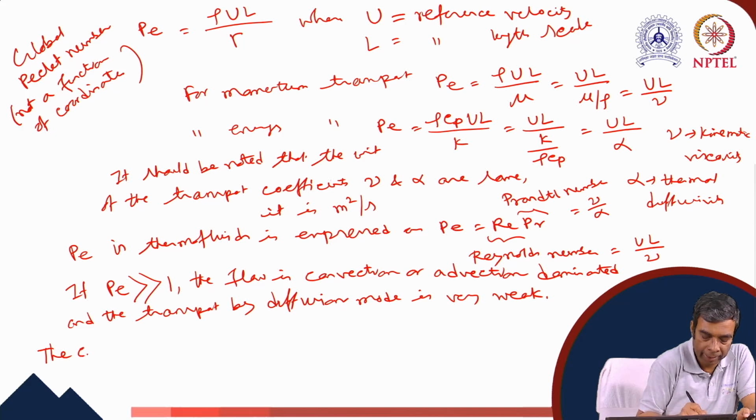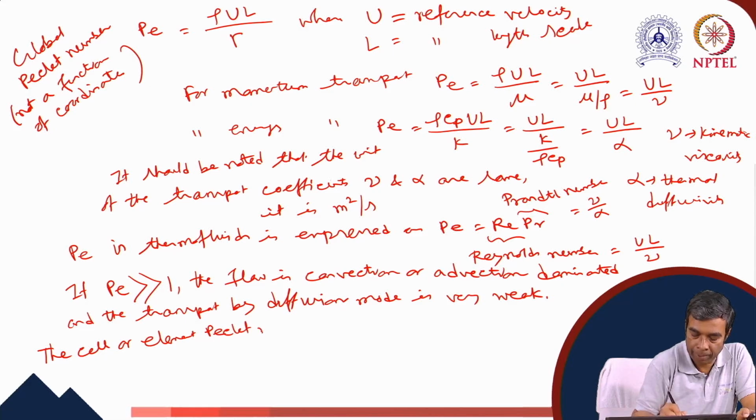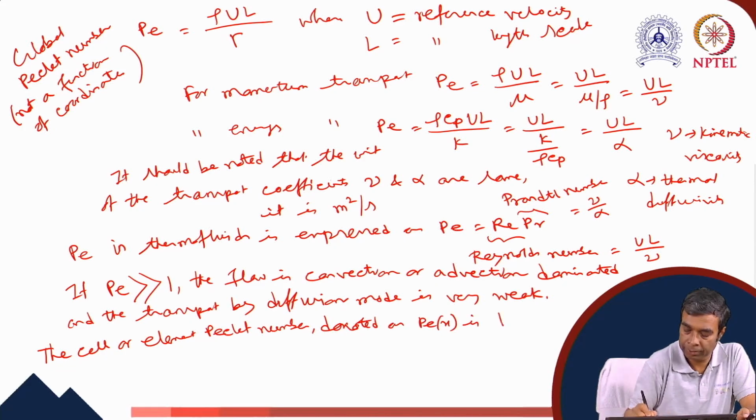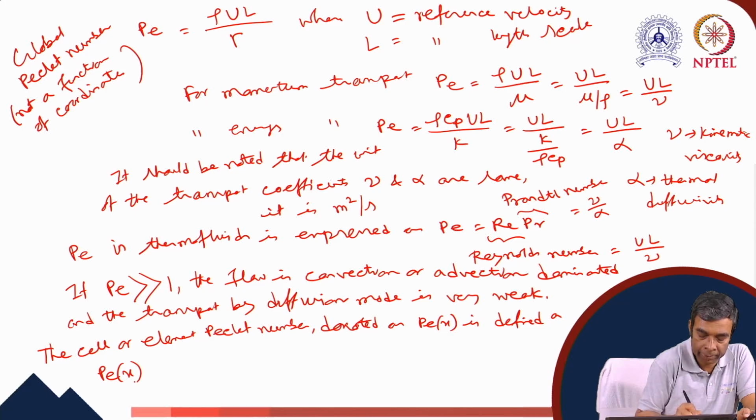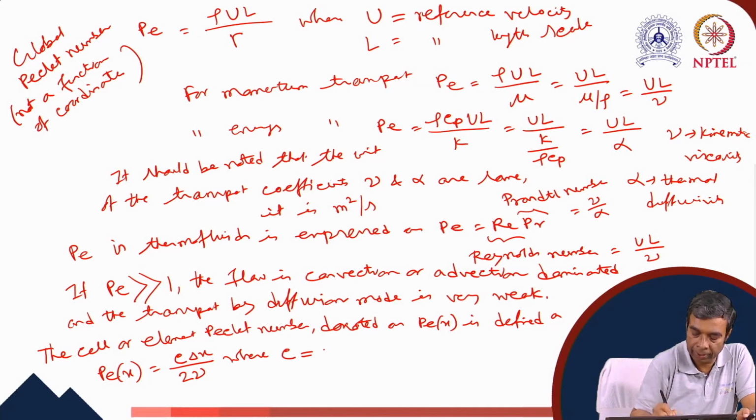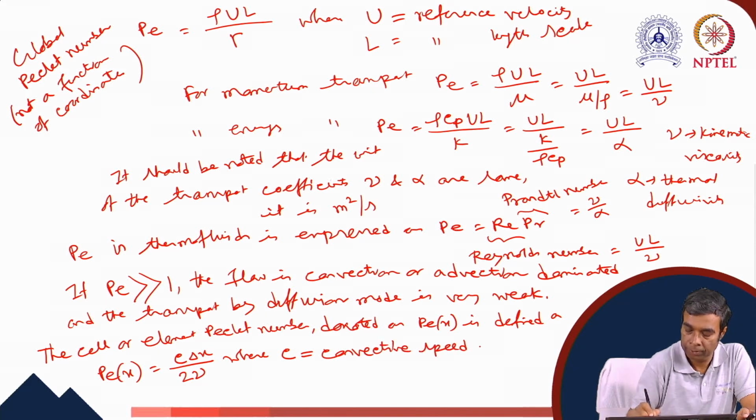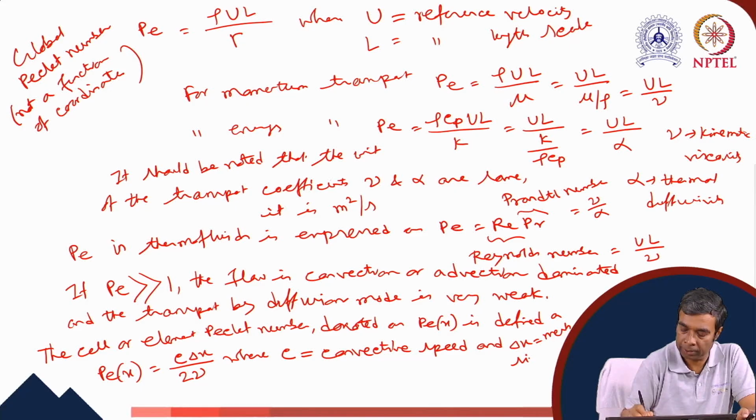The cell or element Peclet number, denoted as Pex, is defined as Pex equals C into delta x by 2 nu, where C is the convective speed and delta x equals mesh size.